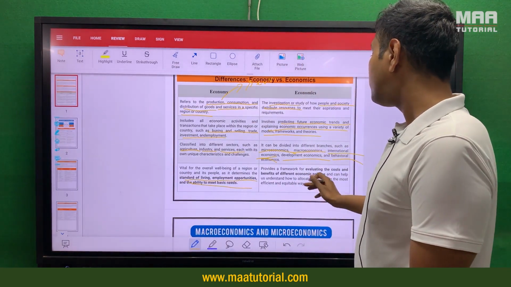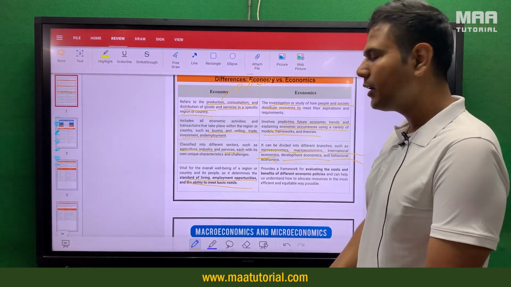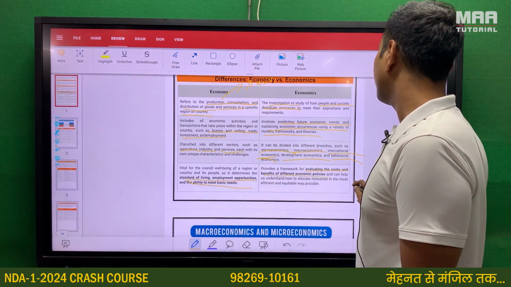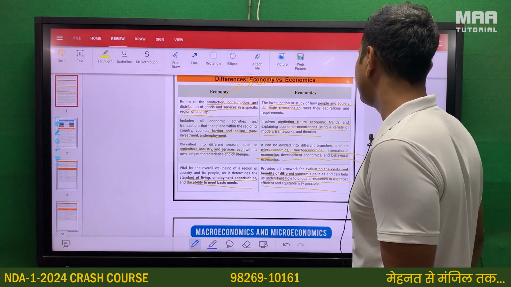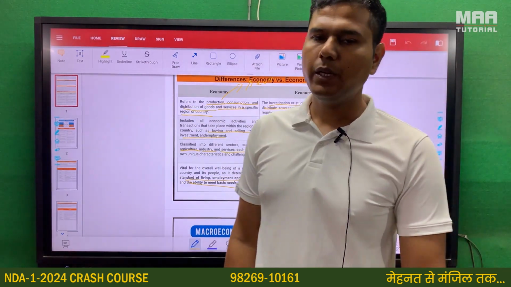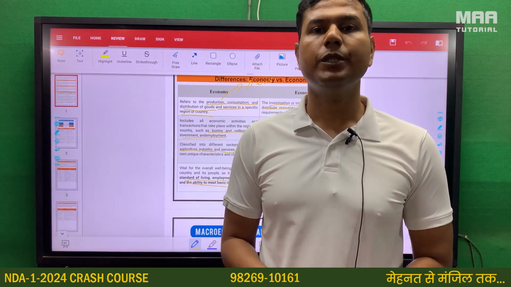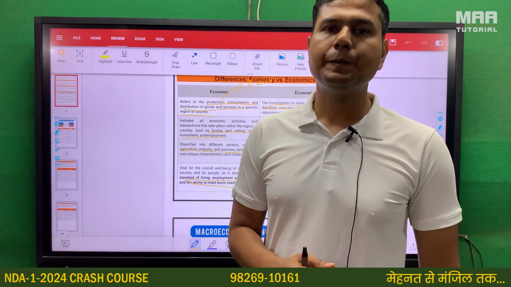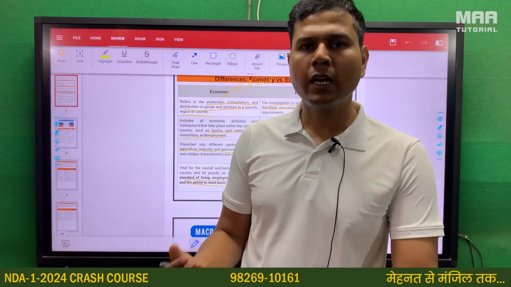While when we talk about economics, if we have this taken care of, we'll be able to evaluate the costs and benefits of different policies, and it can help us understand the allocation of resources efficiently and in the most equitable way possible. See, when you have people who understand economics, who have greater depth of the subject, they would be able to analyze whatever is going on in our country effectively.